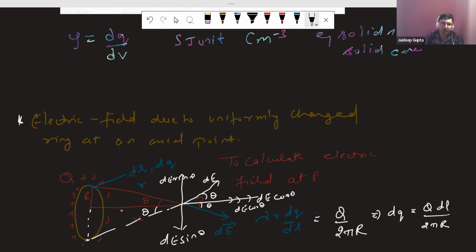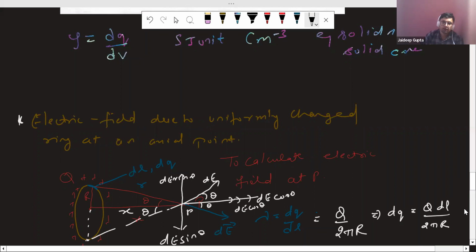Now we have to calculate the electric field at point P, at a distance x from the center of the ring. Now what we do first of all, we will assume a small element of the ring, that is dl, and we will assume the small charge dq is accumulated on this element. Now we will try to calculate the electric field at point P due to the small charge.